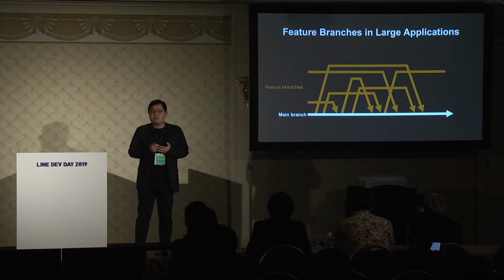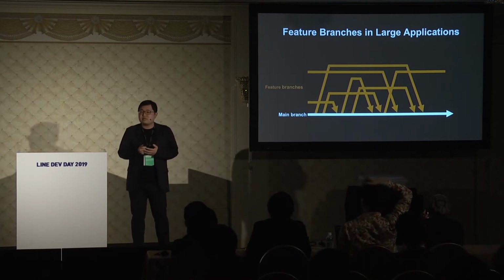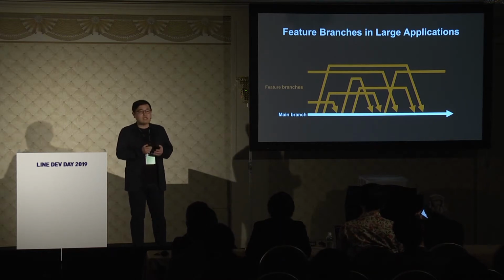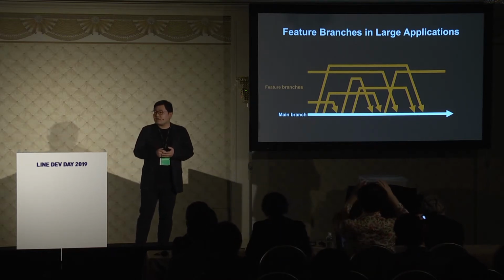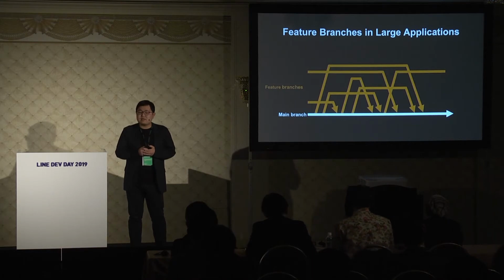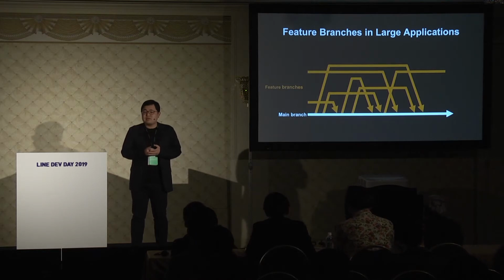In a huge, gigantic app development, as you can see here, there are multiple feature branches at the same time, and they are interrelated. Even for new feature development or refactoring, the number of files to be written would be many.